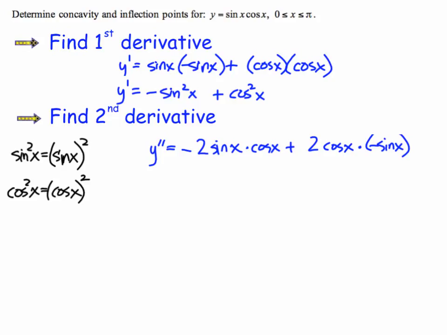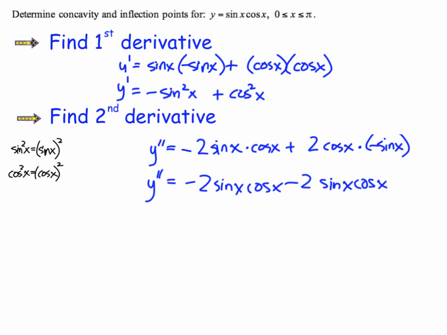I'll need to simplify the right-hand side because plus 2 times a negative will make that negative 2 sine x cosine x. So here's my second derivative: negative 2 sine x cosine x, negative 2 sine x cosine x. I can combine like terms to make negative 4 sine x cosine x.